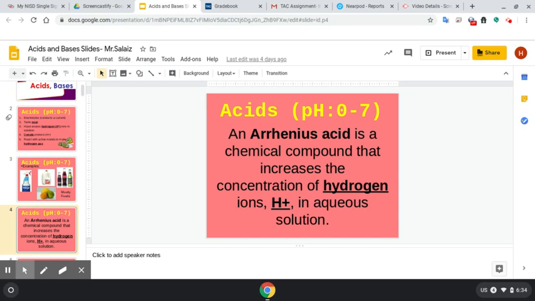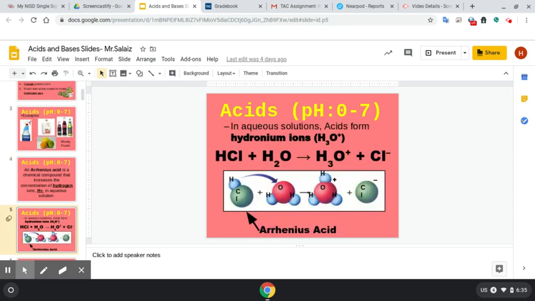Now remember, acids have a pH between 0 and 7. So if I poured an acidic solution into the solution of crushed up Tums, I can make it more acidic by pouring more hydrogen ions into it. That's considered an Arrhenius acid, something that can increase the concentration of hydrogen ions.